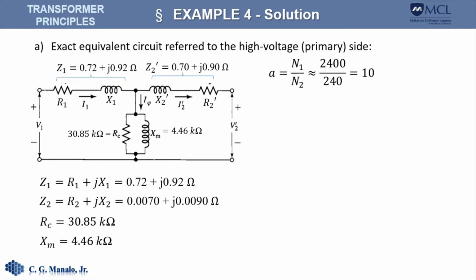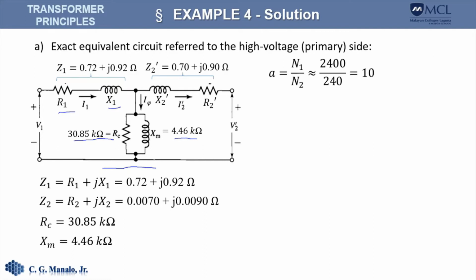So here's the solution. So here is the exact equivalent circuit of the transformer that is referred to the primary. So we simply write down the values of R sub C and X sub M, R sub 1 and X sub 1.